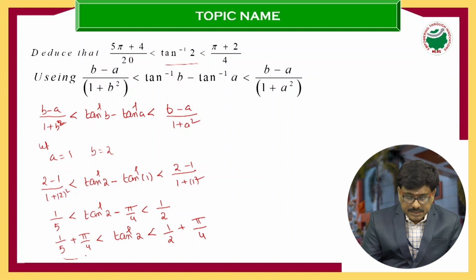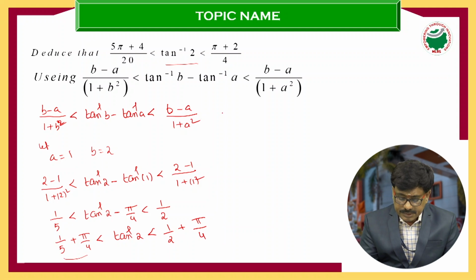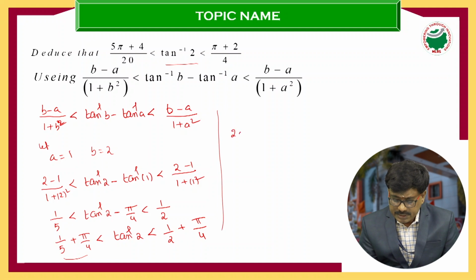If I take the LCM here, 20, this becomes 20 divided by 5 is 4, so 4 plus 5 pi less than tan inverse of 2 less than, what is the LCM here, 4. What is the resultant value?